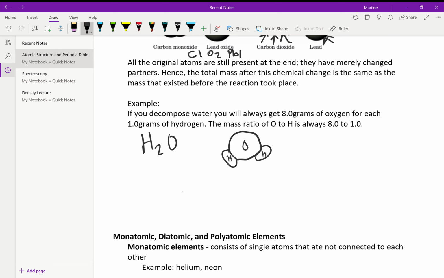The mass of oxygen is 16, hydrogen is 1. So looking at this, when we divide this in half, for each hydrogen we're getting half of the oxygen, so that would be 8.0.